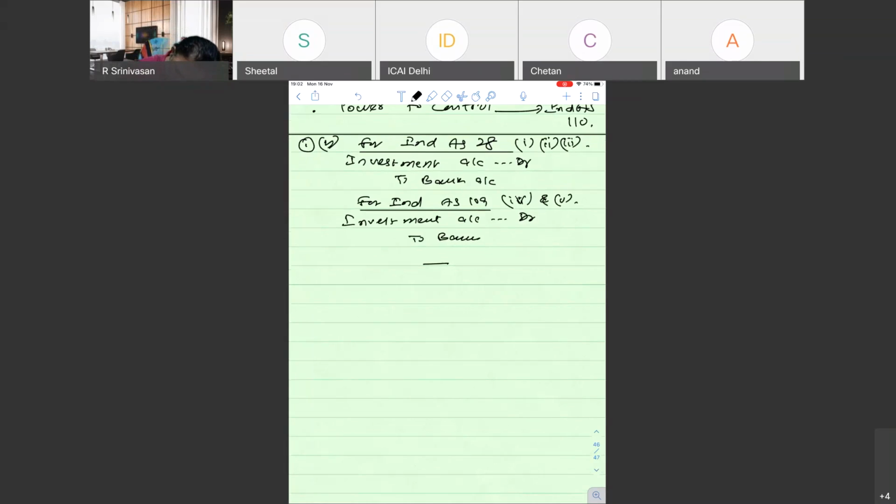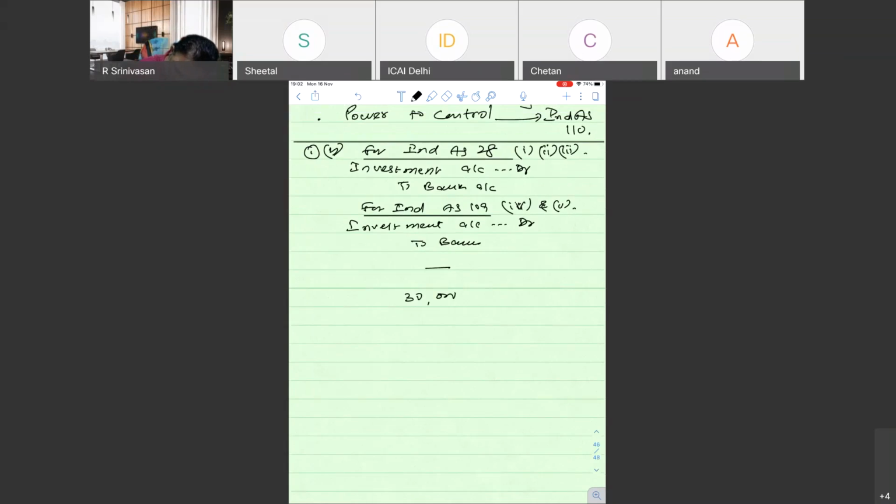Here total profit is 30,000 for the year, and in that, earning from primary operation and earning from extraordinary.